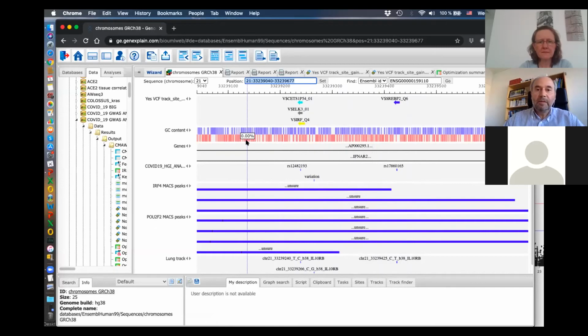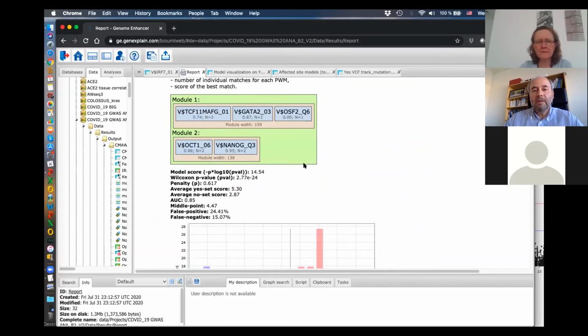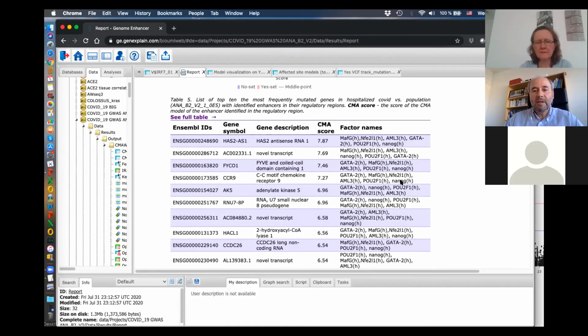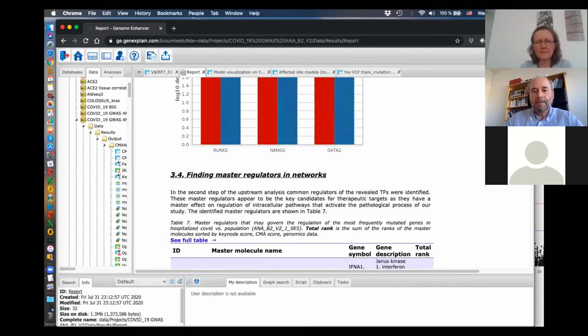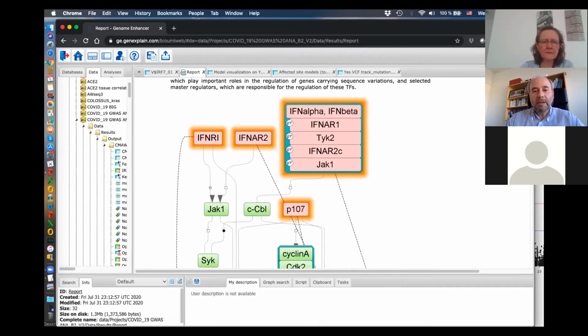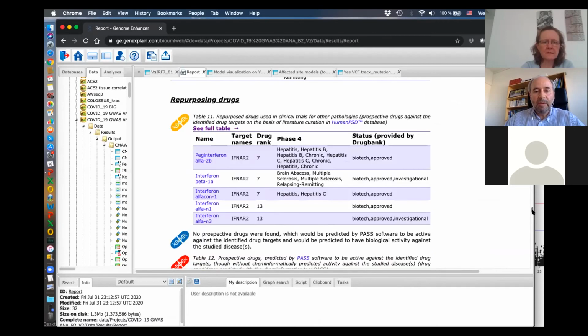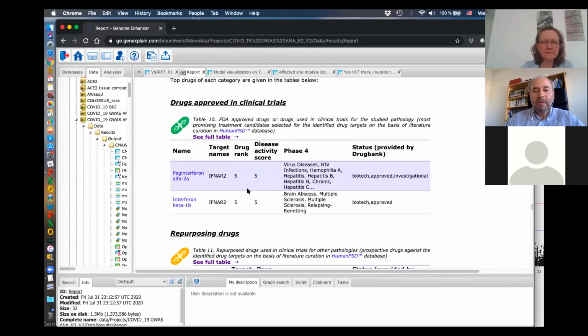And the second part of your question, how this can be used for drug development, is exactly what our report is answering. By analyzing those SNPs and how they influence the combination of transcription factors, we at the end detect the potential mechanism, and we find those master regulators which are affecting a big part of the mechanism. And now these master regulators are considered as potential drug targets. At the end of our report, we report what kind of drugs can be used against those drug targets.